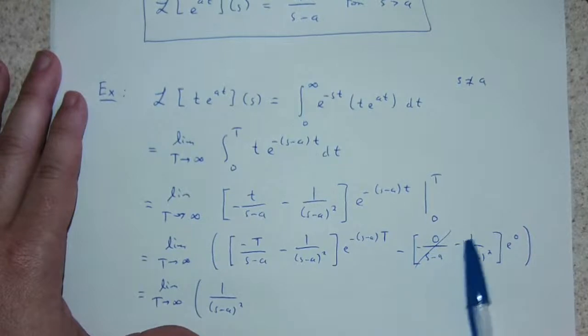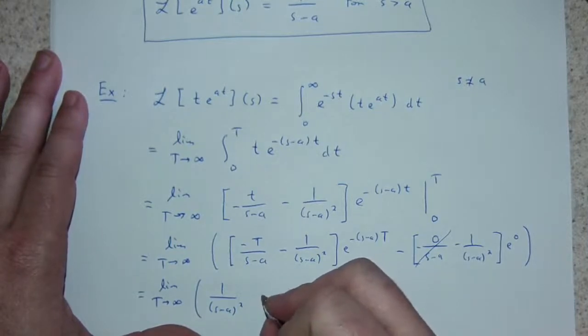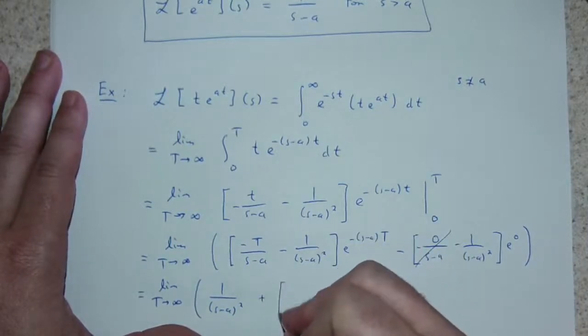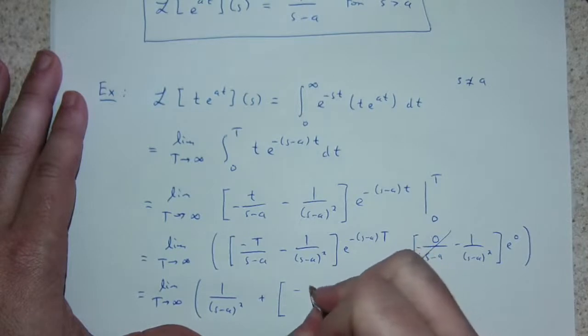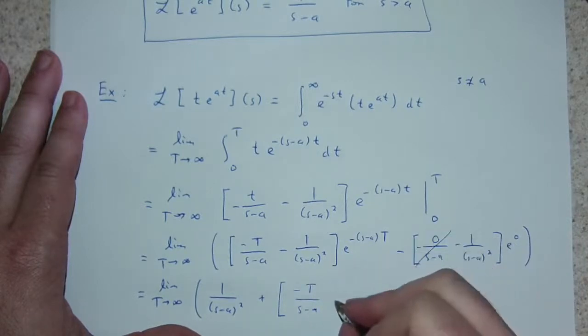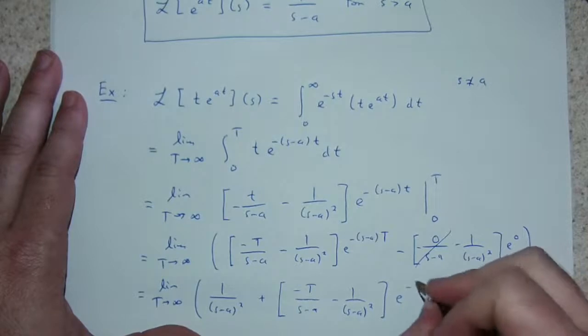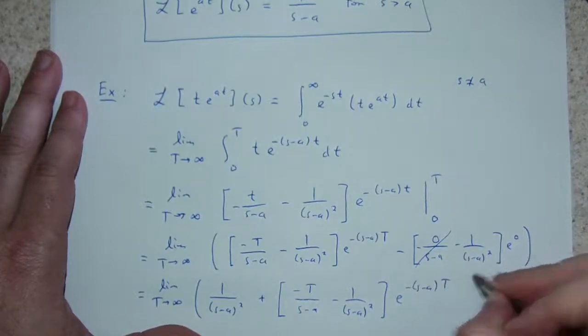So this is minus 1 over s minus a squared. So here's 1 over s minus a squared from that term. And then I have plus this thing, minus t over s minus a minus 1 over s minus a squared times e to the minus s minus a times big T.